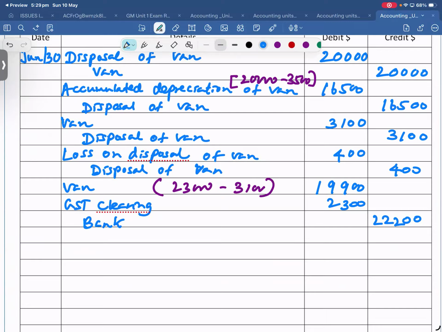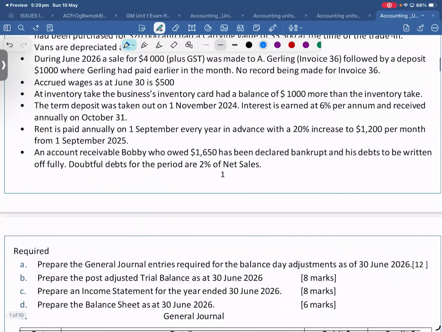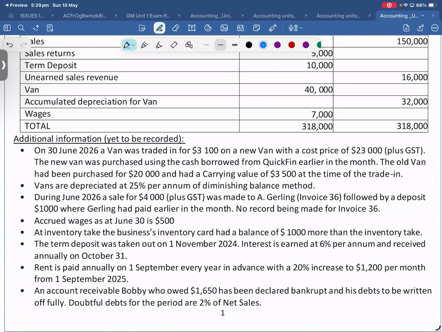Okay, guys. Right. Then we can do the vans are depreciated at 25% per annum, diminishing. What is diminishing? We haven't learned that one, have we? Diminishing balance method means still reducing.